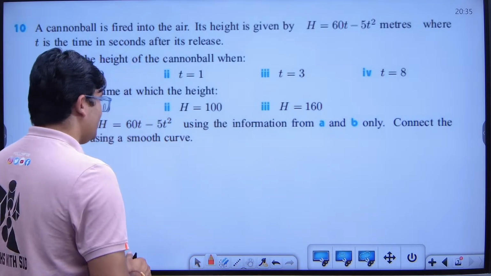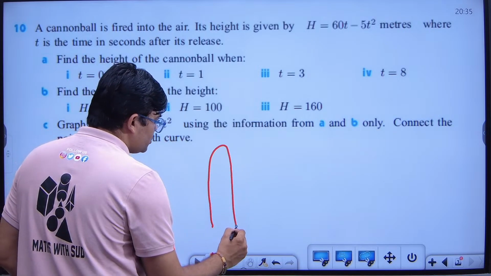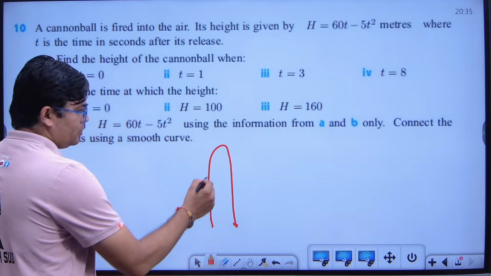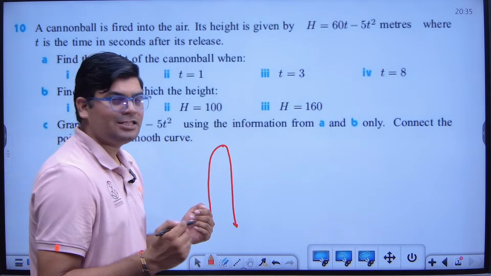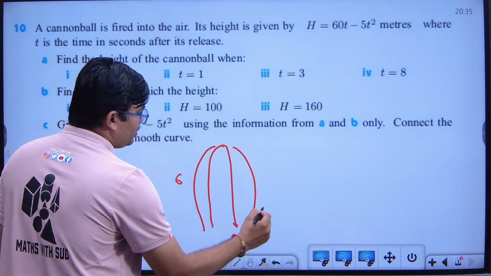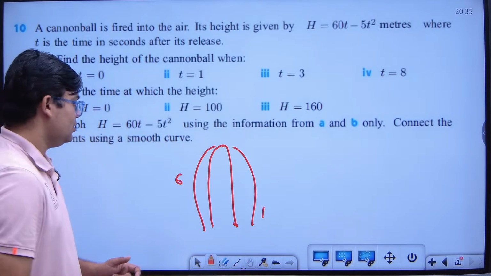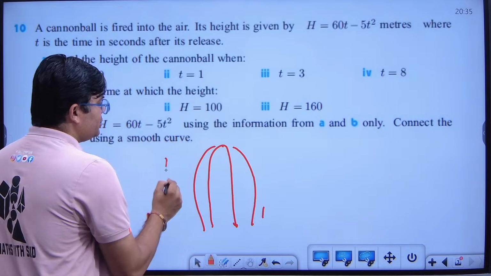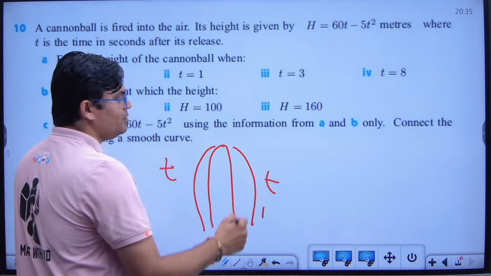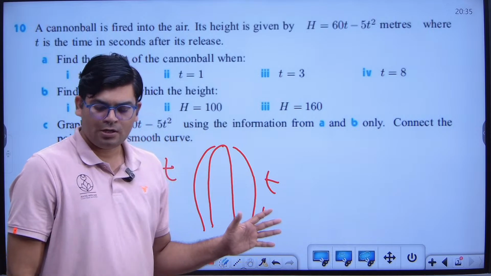I am going to tell you a very important thing. When you throw something in the air and it goes down, it comes back. So the time of flight is the same. How much time it has taken to go up, the same time it will take to come down. Are you getting it? Yes, sir. So suppose it takes t seconds to go up, the same t seconds will be taken to come down, because the acceleration is uniform throughout the motion.